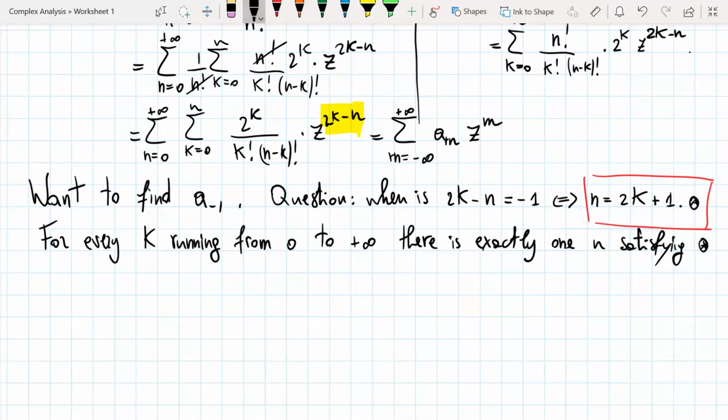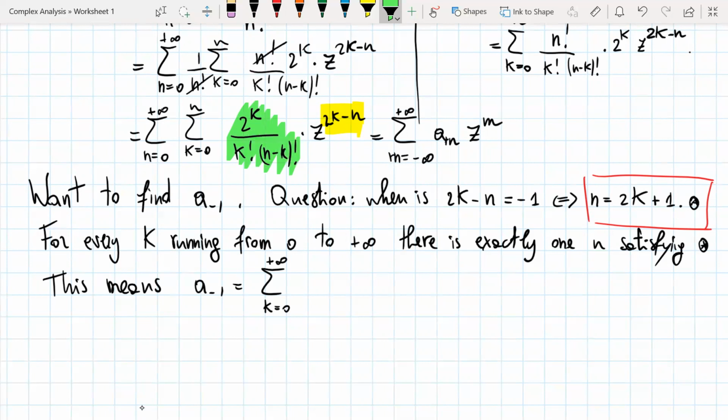So what is the coefficient a minus 1? This means that a minus 1 is equal to the sum for k going from 0 to plus infinity of all these coefficients over there, where n and k satisfy the relation star.